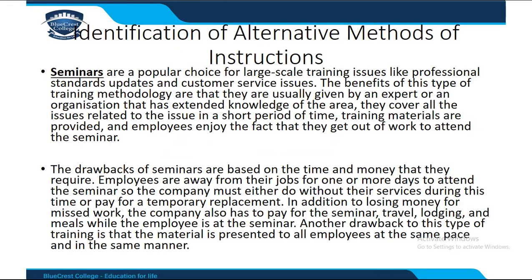So as you design, you need to know all of these methods of instructions, and it will help you to come up with a good design for your employees. If you know the alternatives, then you can design a good training program for your employees.